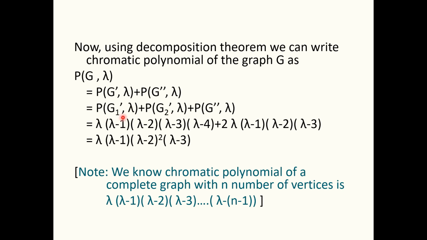Now for this part, chromatic polynomial of G1 dash, this is a graph with 5 vertices, complete graph. So as we know the chromatic polynomial formula for complete graph in this form, so here we will write down this form, and G2 dash and G double dash, these two are complete graph with 4 vertices, so we will get this formula.